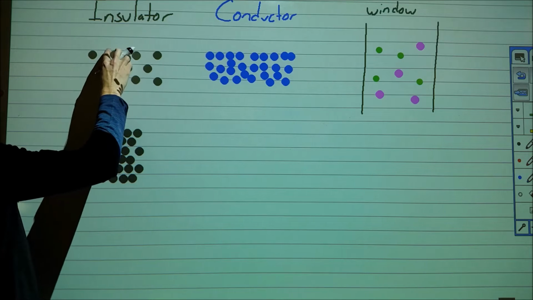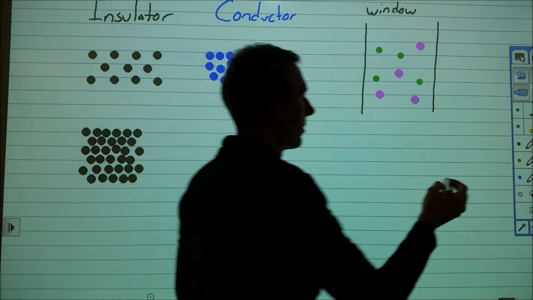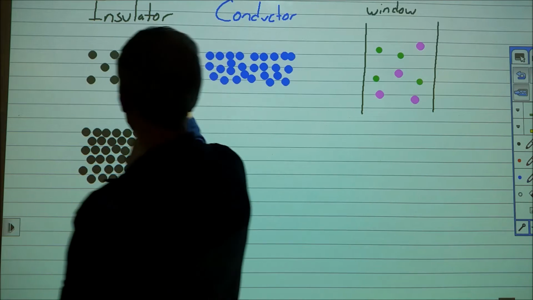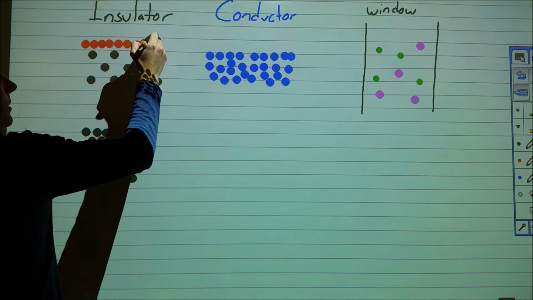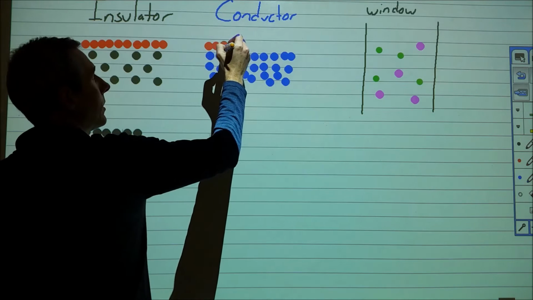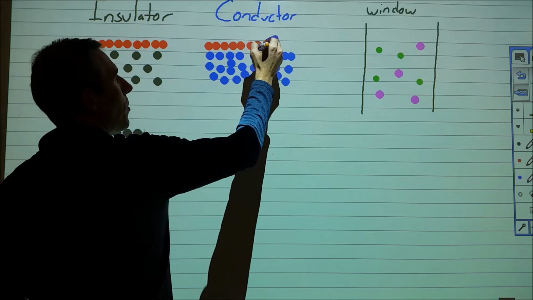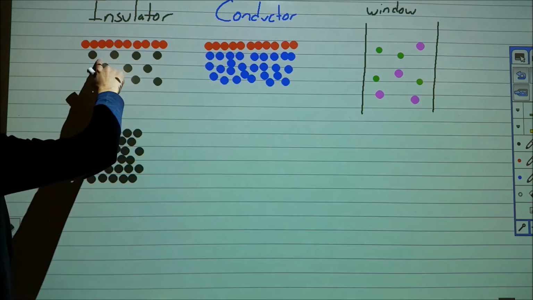But at the end of the day, when I have contact between my skin particles, let's do those in red, not all of them are in contact with the surface particles in the insulator. So if that's my finger, and then this is my finger, then when I'm touching the conductor, there are more particles in contact between the finger and the conductor than between the finger and the insulator.